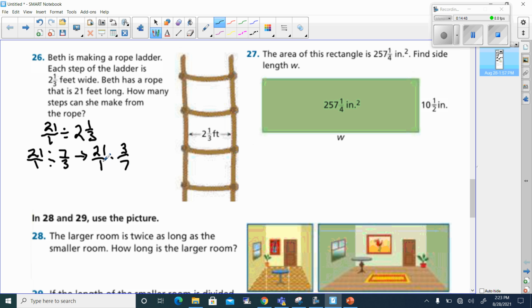All right, now we have 21 times 3, that's going to be 63, and 1 times 7, that's going to be 7. And we know 63 divided by 7 is 9. So that tells me there will be 9 steps.